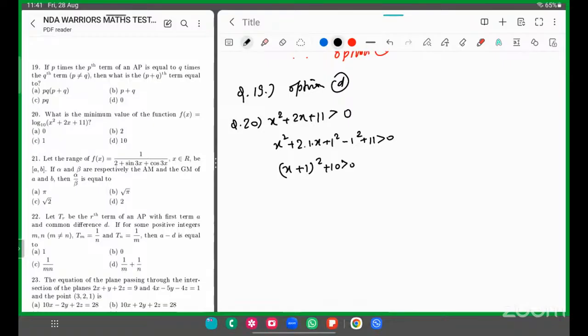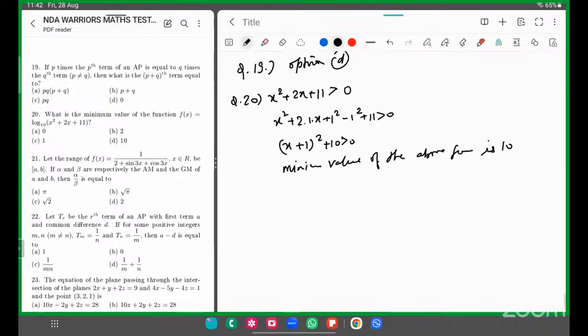So the minimum value of the whole function f(x) they are asking. The minimum value of the above function is 10, since a square value always gives us a minimum value of 0, and 0 plus 10 is 10.